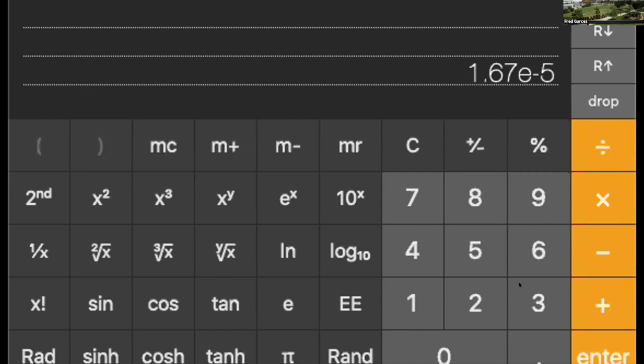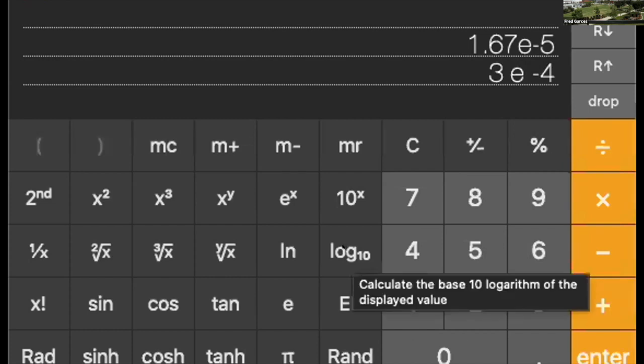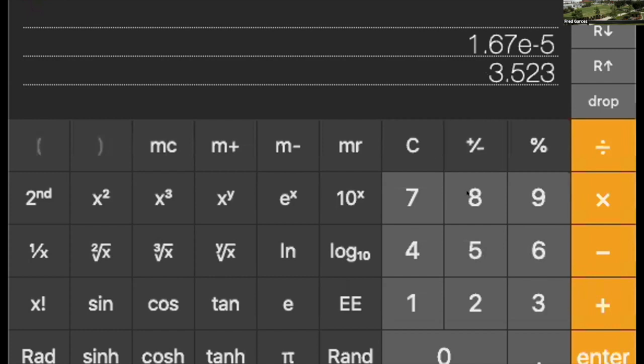So I'm going to put 3, exponent, 4, negative. I recognize 3.0 times 10 to the minus 4 has 2 significant figures. I'll worry about that when I get the pH value. I'm going to do the log function, and then I'm taking the negative of that. So 2 significant figures will make this 3.52.